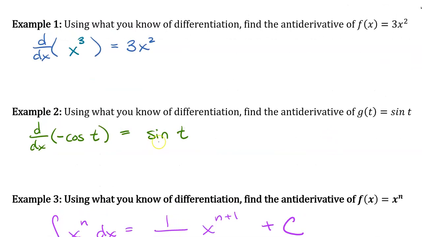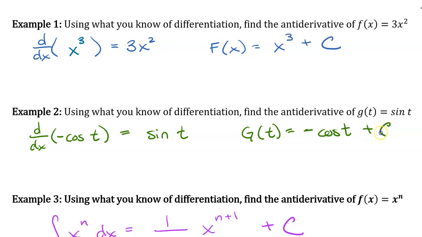So these first two examples are actually wrong, because each one of them needs a plus c. So the antiderivative of f of x would be x cubed plus c. The antiderivative of g of t would be negative cosine t plus c.